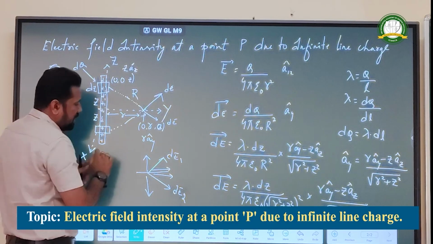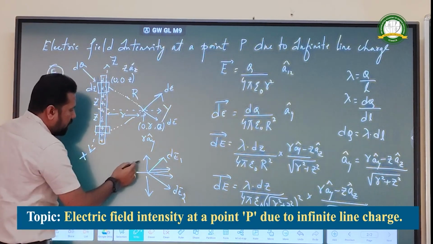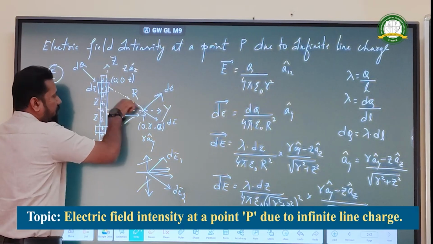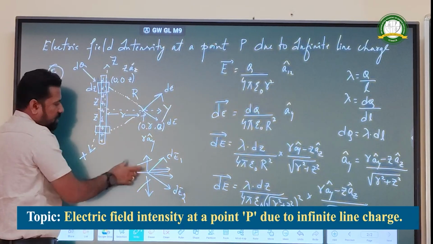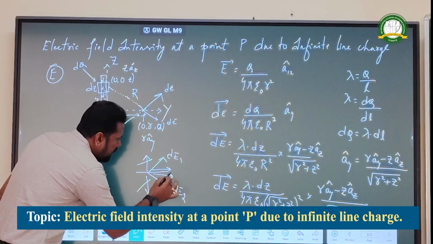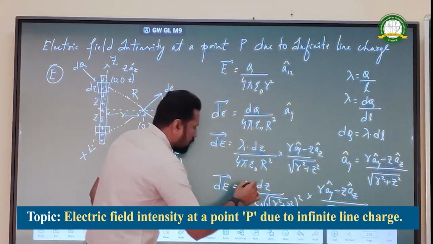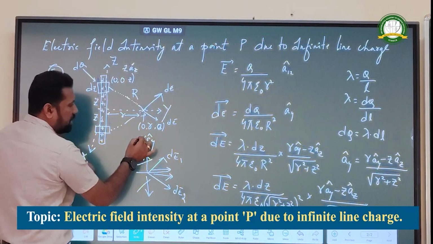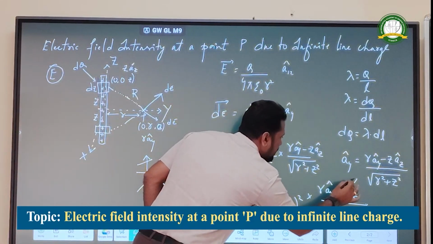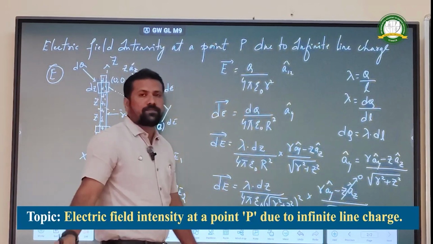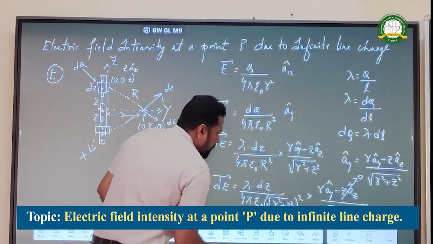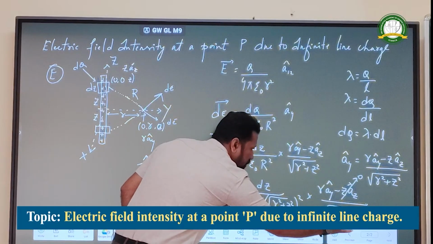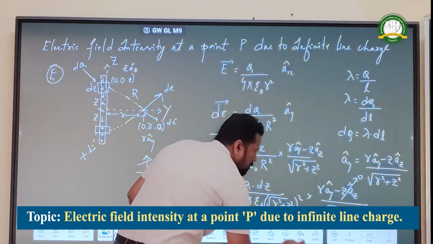So from this diagram it is very clear that the vertical components get cancelled because they are equal in magnitude and opposite in direction. Only we will get the horizontal components. So these vertical components are with respect to z, so this z tends to 0. Next, here it is square root of r square plus z square whole square. Again, square root of r square plus z square.